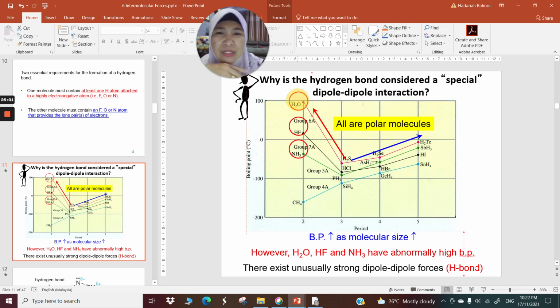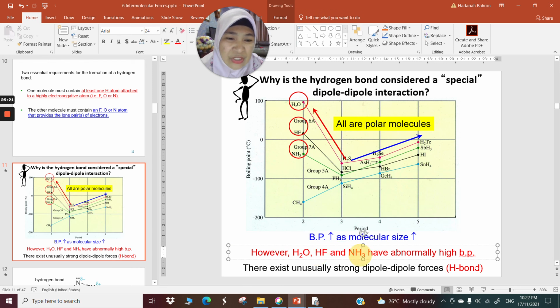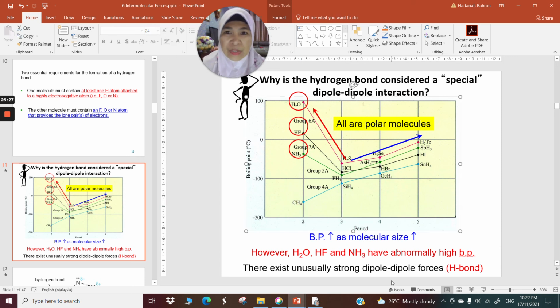The only exception is that water, HF, and NH3 or ammonia have unusually high boiling points. So something must exist in these three different situations where you have high boiling point. Water, HF, and NH3 all have abnormally high boiling points, unlike the methane that you observe.